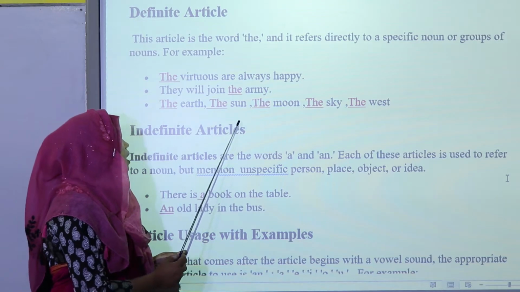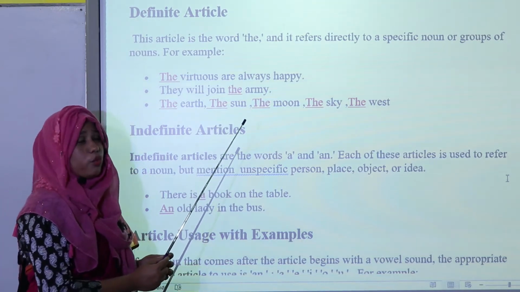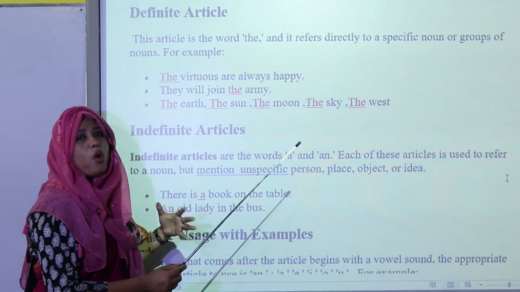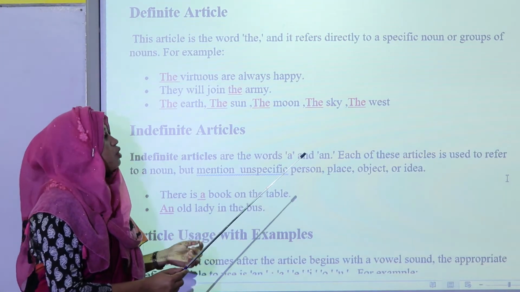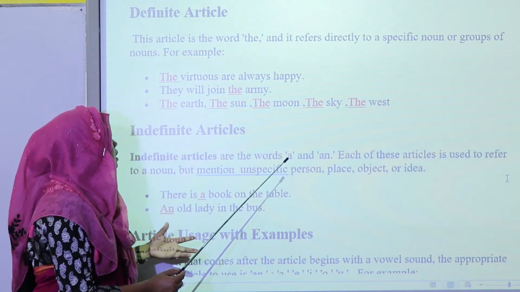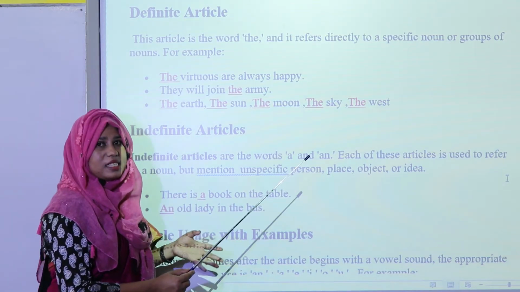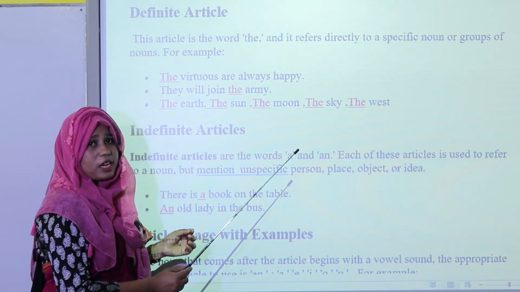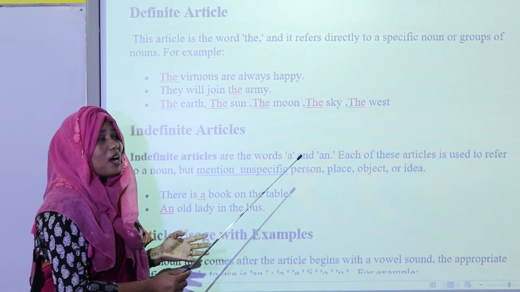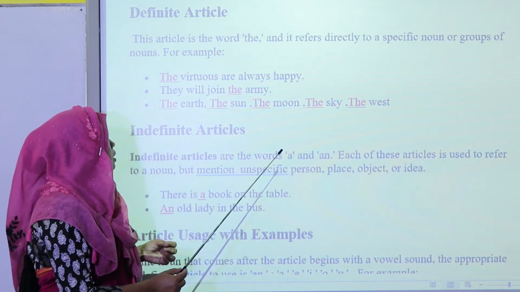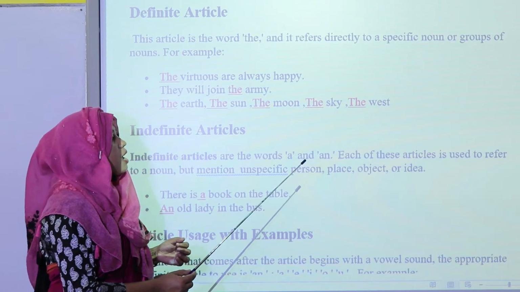And the second, we use the sun, which is also only one thing. It means that if we have only one thing, before that we use the. Also various types of things like religious books, the Quran, the Bible, are also nouns, and before such a noun we use the article the, never a or an. Yes, it's very easy to understand.